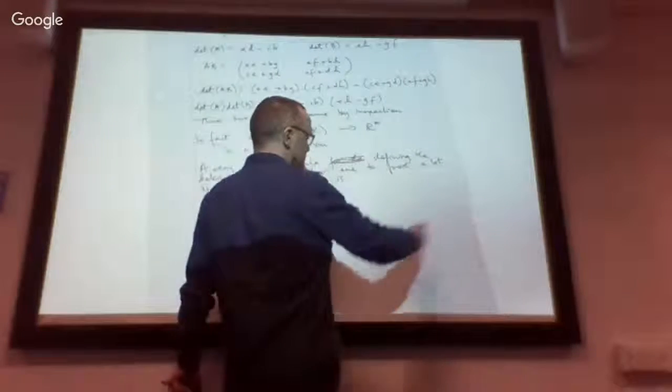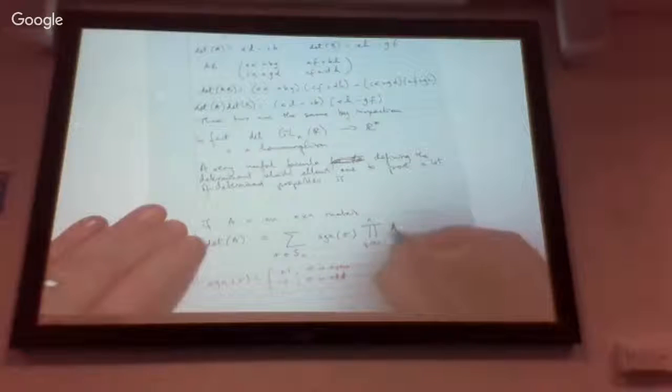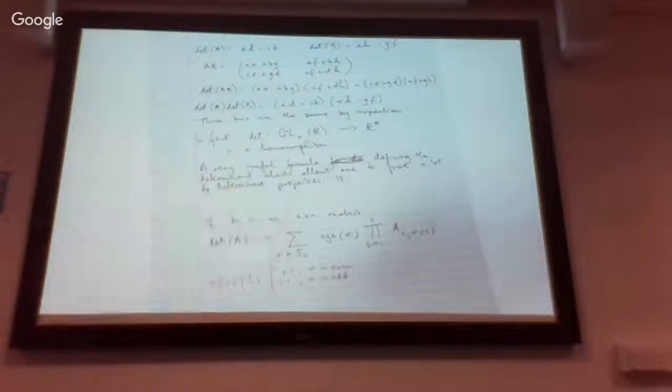And then we're taking the product. Basically what we're doing is we're taking all possible products of entries from the matrix where you take one entry from each row, and never take more than one entry from each column. The way we do that is we choose the entry in the ith row and the sigma(i)th column.